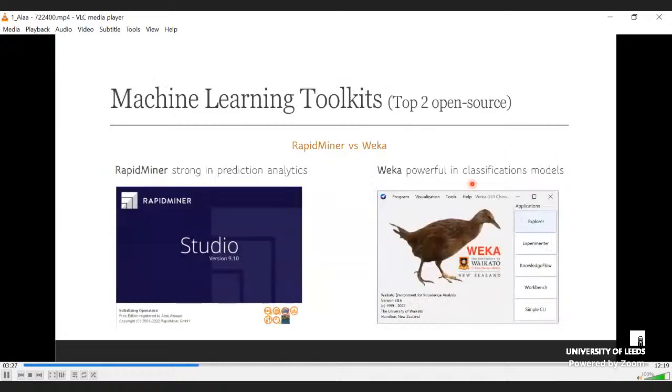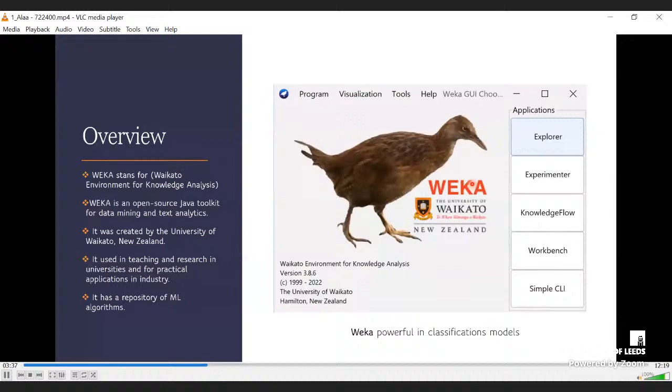Here we have Weka and RapidMiner, considered among the top toolkits used for machine learning algorithms. Weka stands for Waikato Environment for Knowledge Analysis. It's built by the University of Waikato in New Zealand.